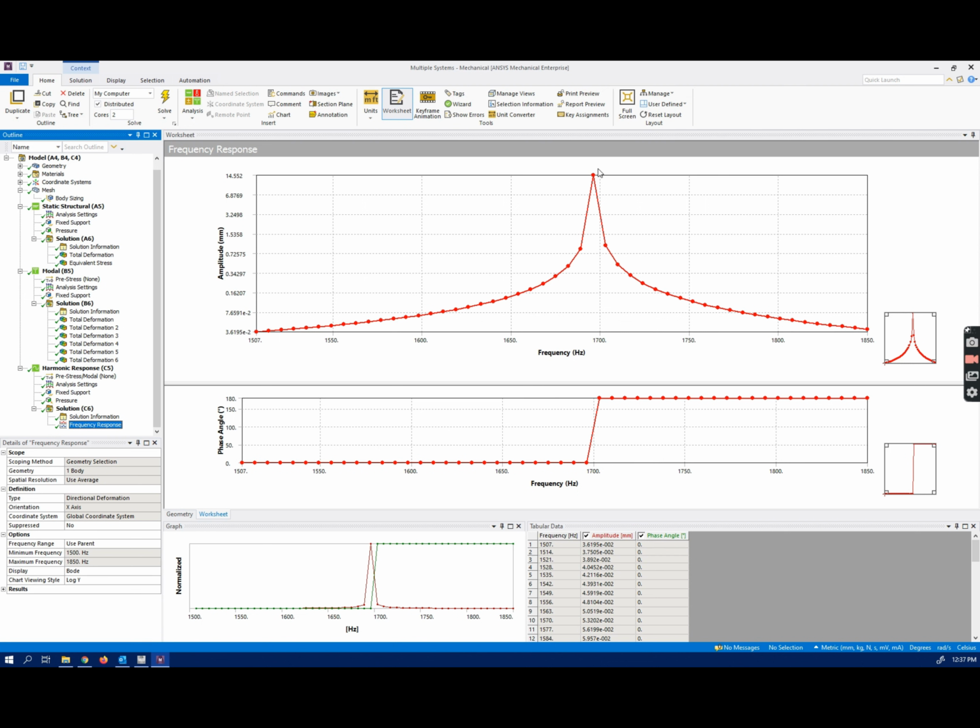Now we know that we should avoid that frequency, and in our analysis, if you had an electrical motor or anything creating this frequency, you should avoid it or change your part to not get close to this frequency.